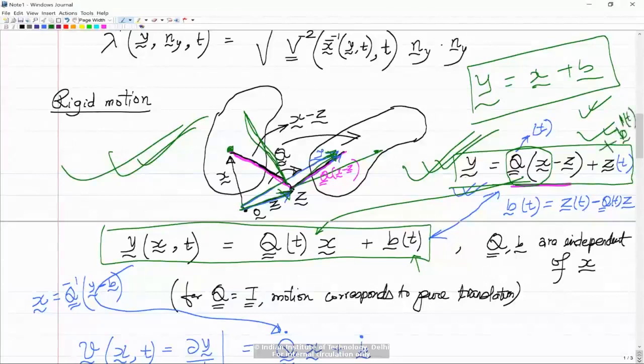What I wrote here corresponds to pure rotation. There is no translation which was added here. So that could be added as b prime, and then you have b equal to this plus b prime. B prime doesn't mean it's the derivative of b, it is some other vector. So very good point.